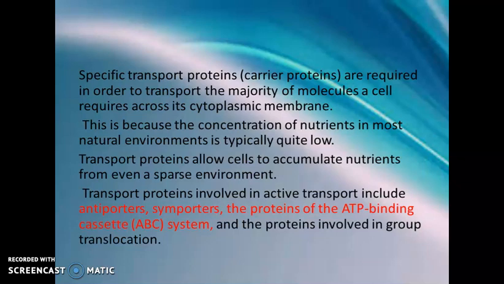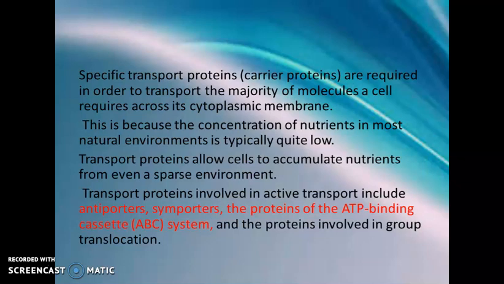So there will be competition between organisms for the nutrients, and obviously bacteria use this type of transport. These transport proteins allow the cells to accumulate nutrients from even a sparse environment.